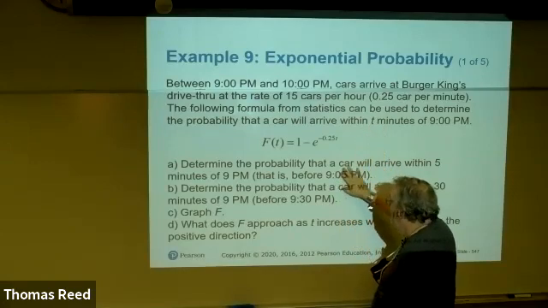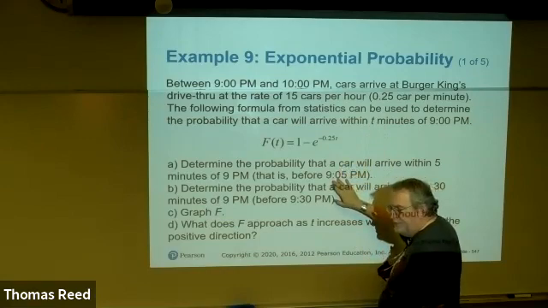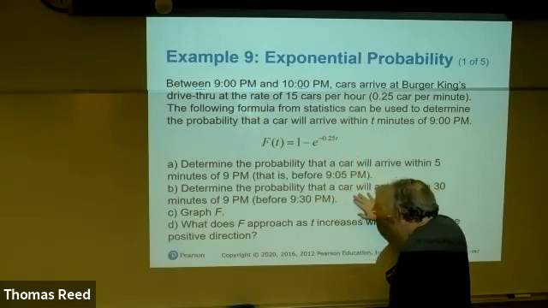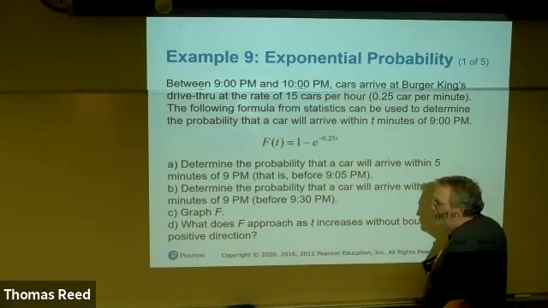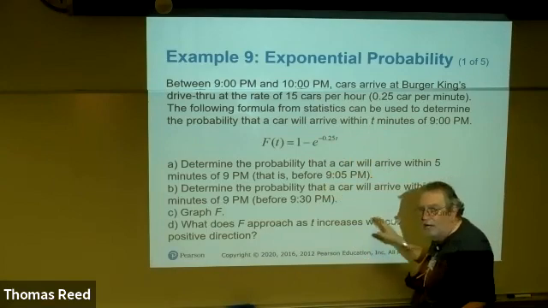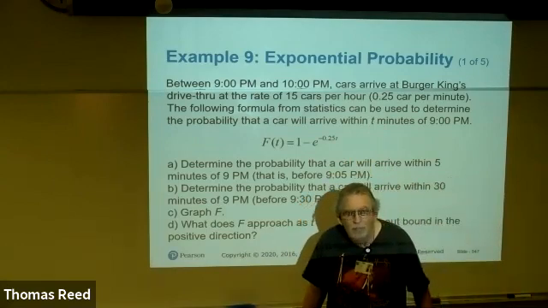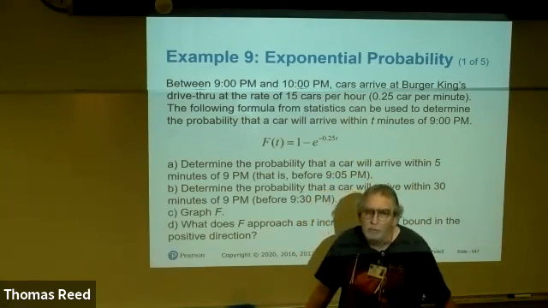So what's the probability that one car will show up within those 5 minutes? What's the probability that one car will show up within 30 minutes? So between 9 and 9:30, what's the probability that at least one car shows up? You can have more than one show up, but we're just looking for the first one.